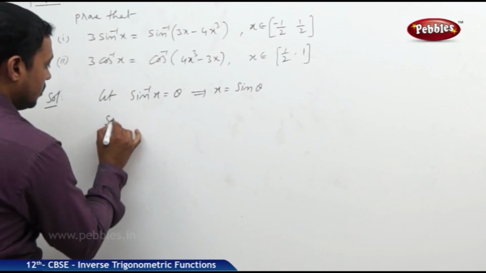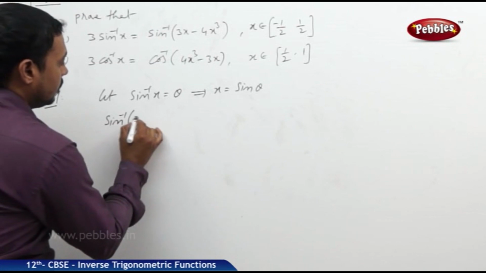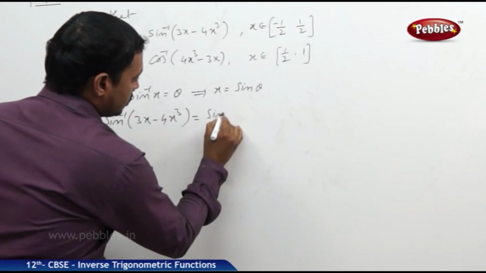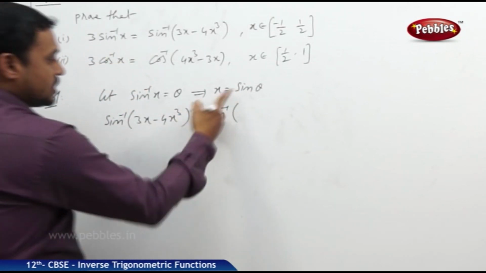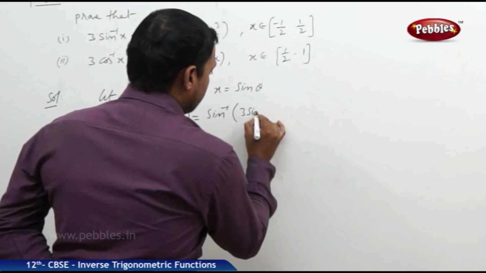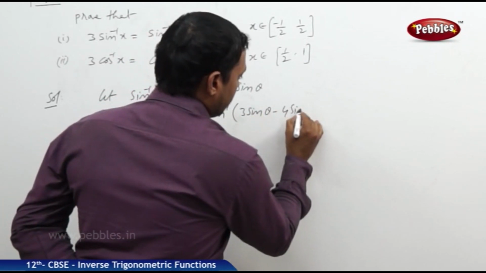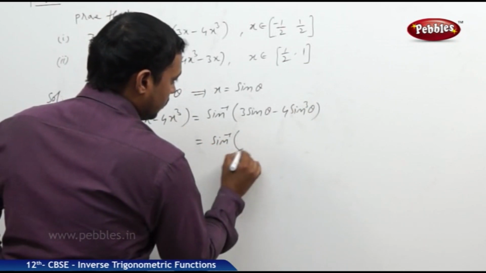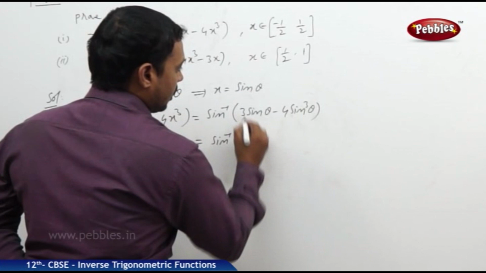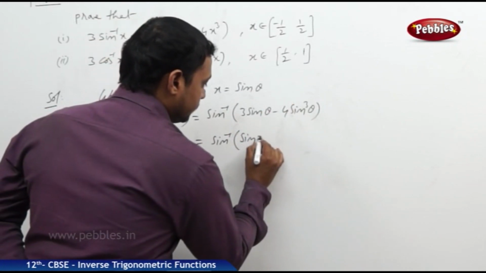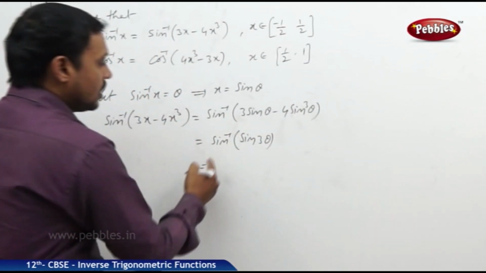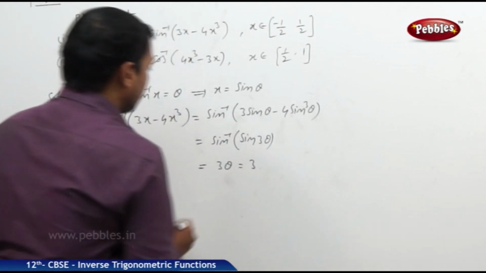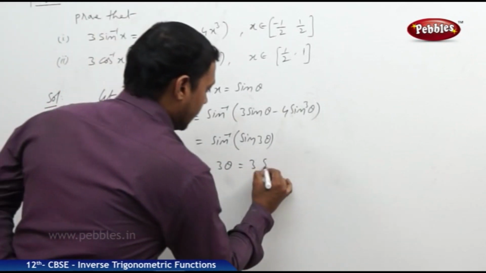Now, consider sin inverse of 3x minus 4x cube, that is sin inverse of, substitute x is equal to sin theta, 3 sin theta minus 4 sin cube theta. It is the formula of sin 3 theta. Therefore, sin inverse of sin 3 theta is equal to 3 theta, where theta is equal to sin inverse x.